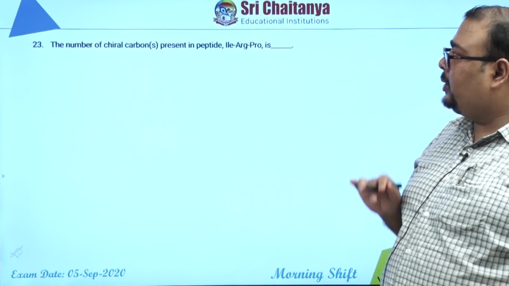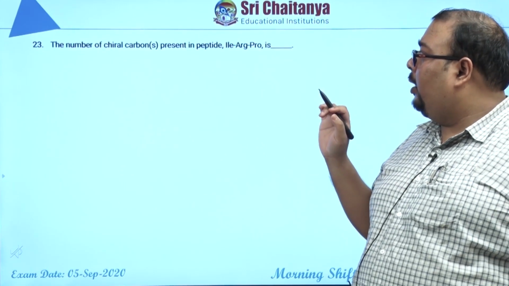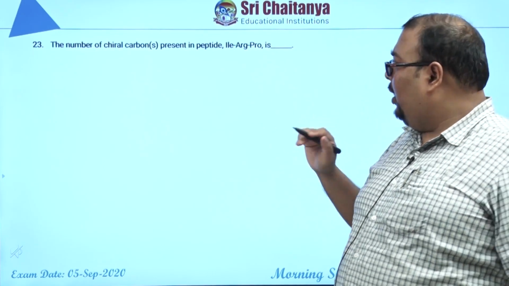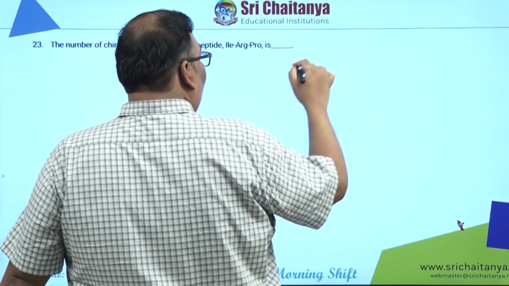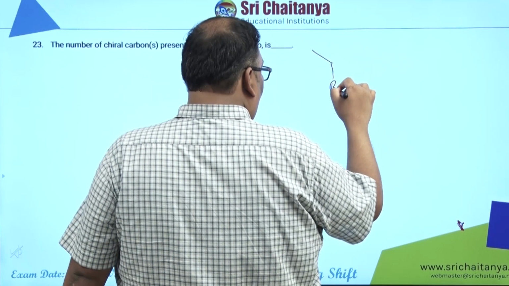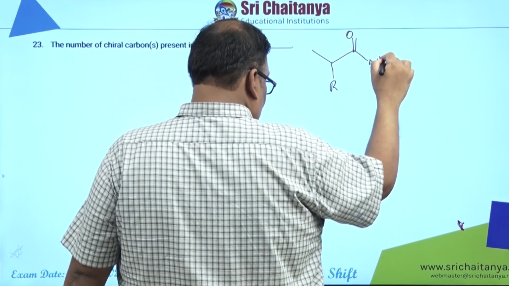Question number 23 is asking the number of chiral carbons present in the peptide isoleucine, arginine, proline. Now a polypeptide bond will be something like this, CONH.